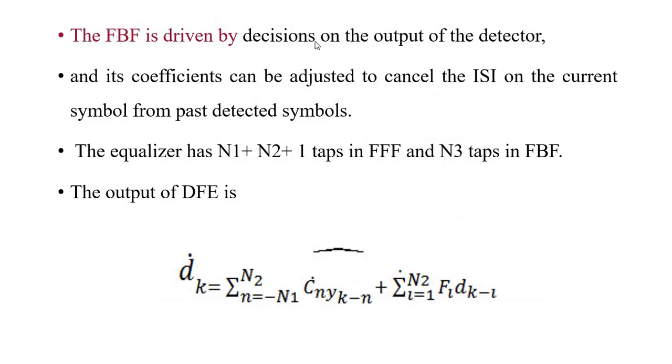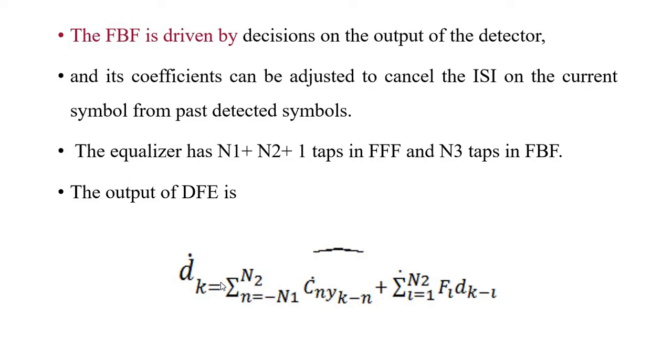Here the feedback filter is driven by the decisions on the output of the detector, and its coefficients are adjusted in order to cancel the ISI on the current symbol from the past detected symbols.